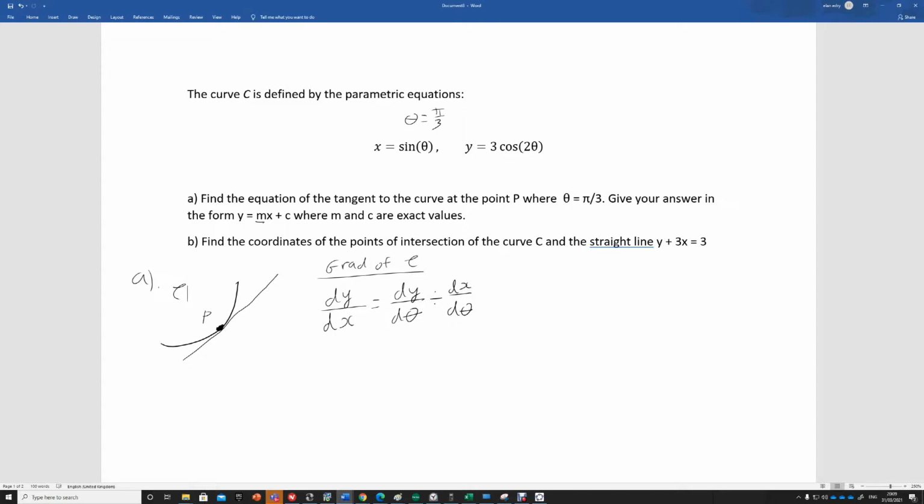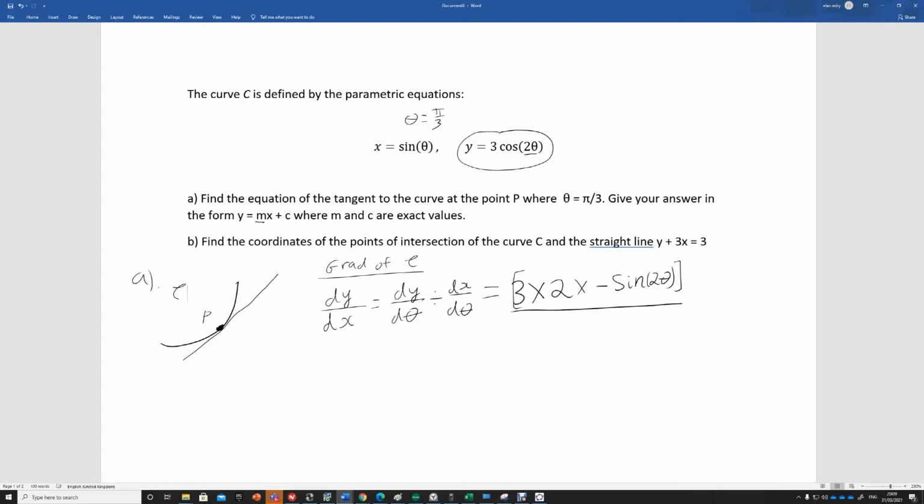So we can substitute in y and x to find these values. dy by d theta is the derivative of y with respect to theta. Remembering my chain rule, the inner function differentiated gives 2, and obviously the 3 is carried forward. I get 3 times 2 times minus sine of 2 theta. That is my dy by d theta.